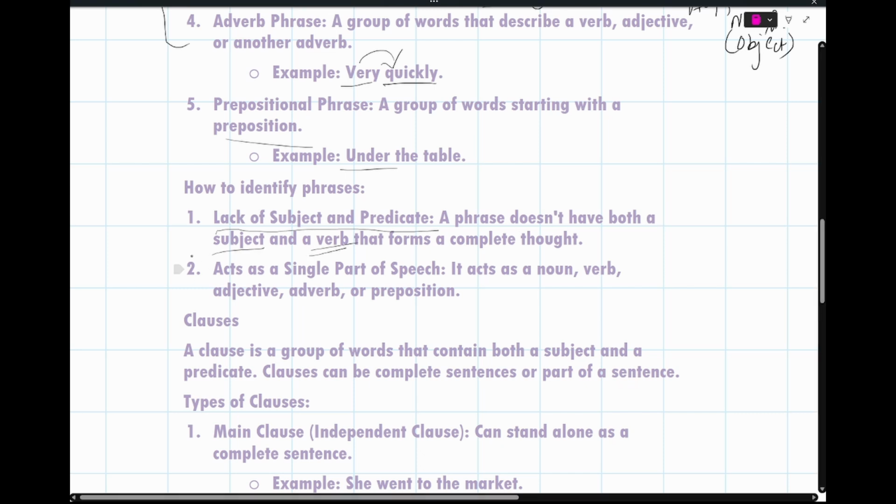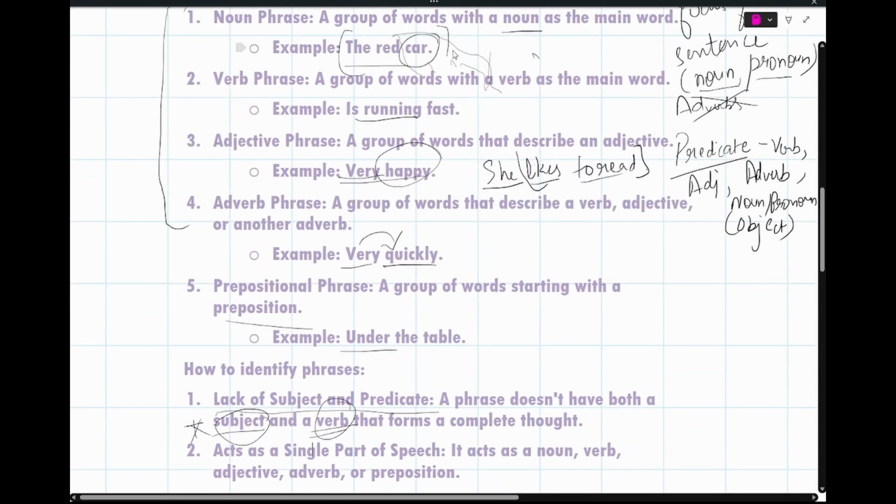Now this part is extremely important. It won't have subject and verb both. Just as you noticed in the previous examples, the red car has just the subject, and very happy is a phrase that has an adverb.